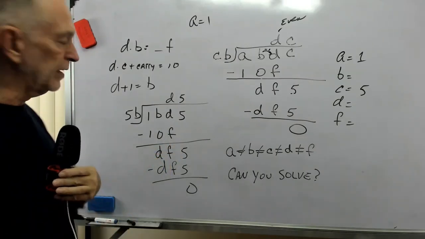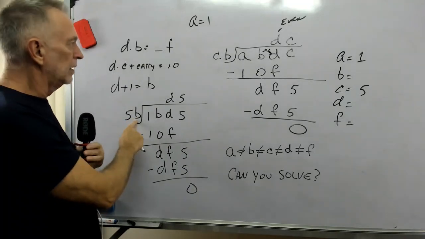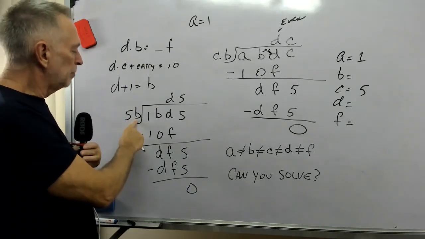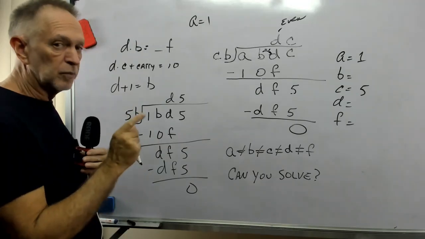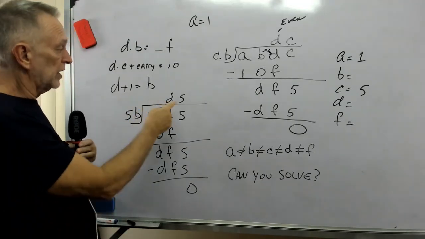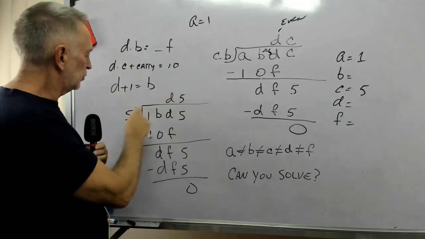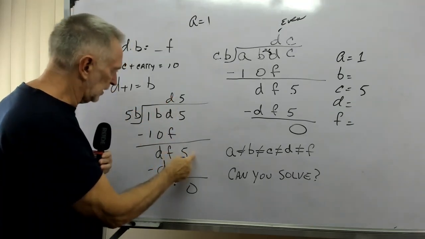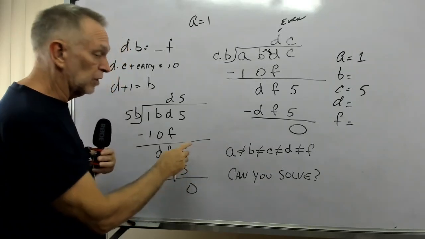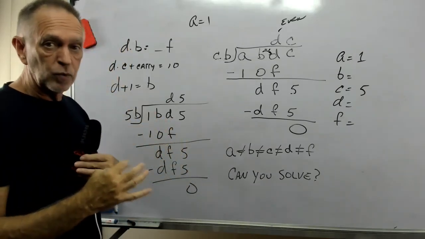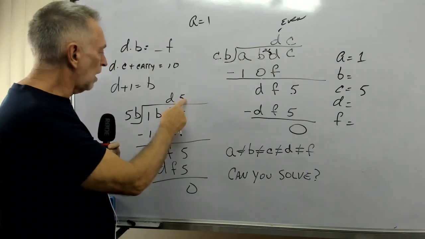Now, what does that tell me about B? B has to be an odd number, excuse me, almost said even. Let's say it is even. 5 times 2 is 10, it would give me a 0. 5 times 4 would give me 20, which would be a 0. So an even number will not work. So I need an odd number.